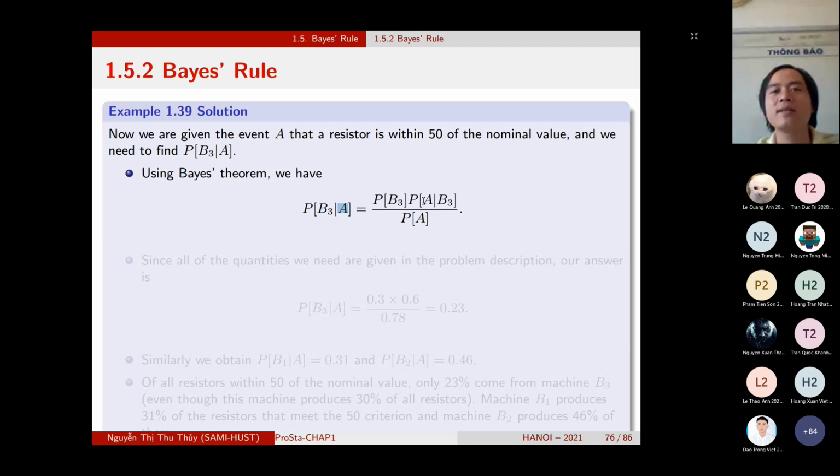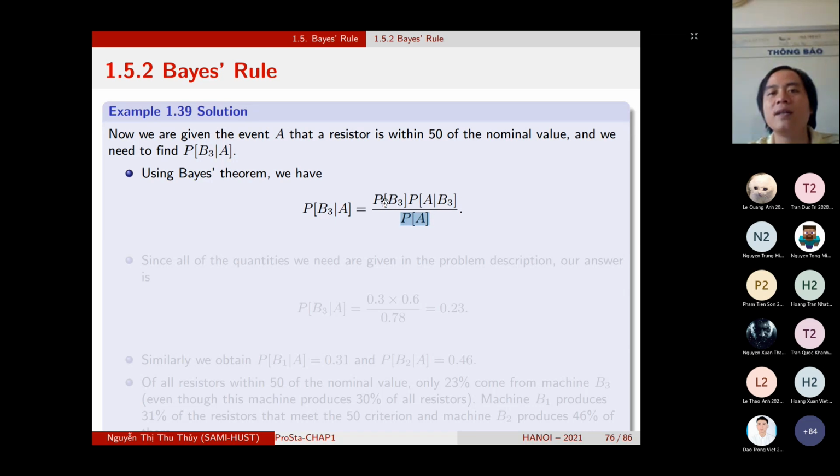We invert the conditional probability: P of A given B3, multiplied by probability of B3, divided by probability of A. We already have this quantity, 0.78. We computed it before.